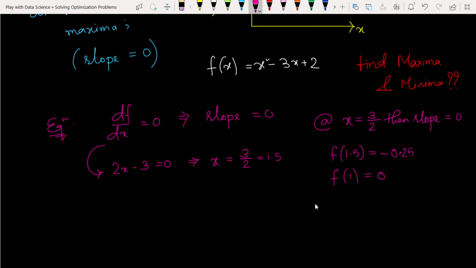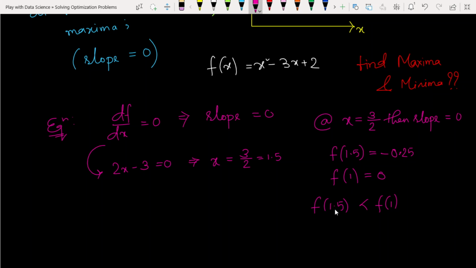So if we conclude, f of 1.5 is less than f of 1. We know that at 1.5 the value is either a maximum or minimum, and we see that f of 1 takes a larger value than it.